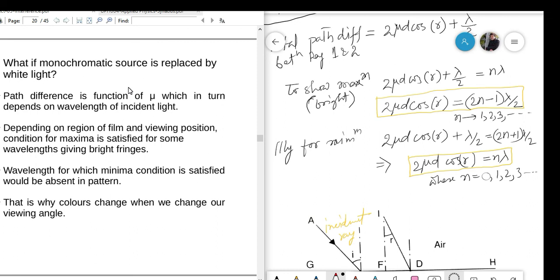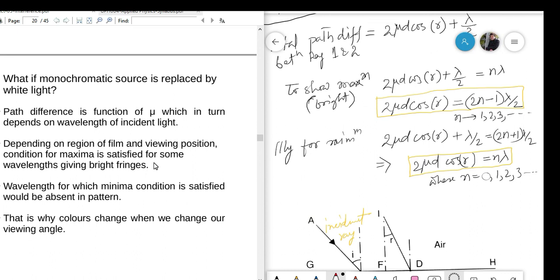This is actually the reason why we see the colors on the surface of a soap bubble change as we change the direction of our view. Of course, there are other reasons for the color change in case of a soap bubble. For example, the thickness of the soap bubble might change very, very locally.